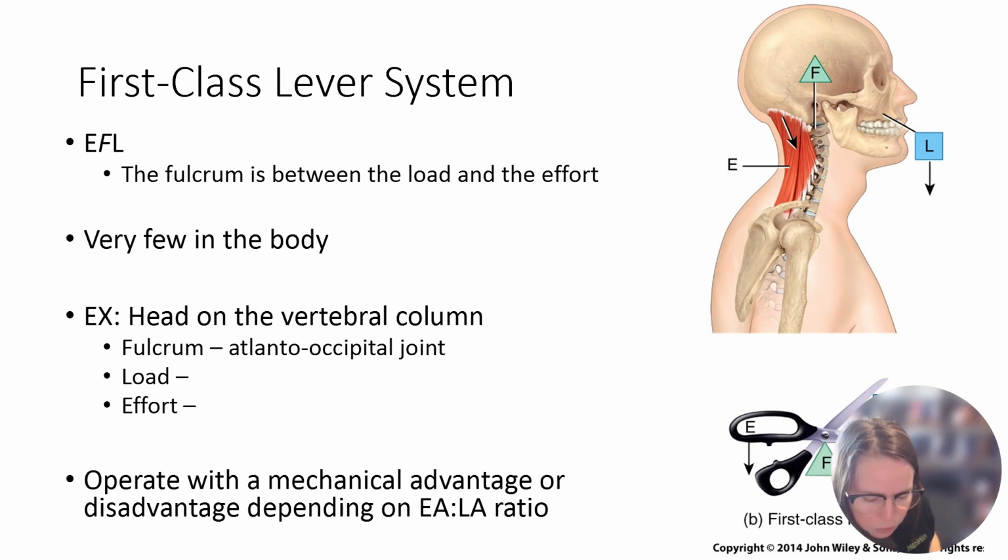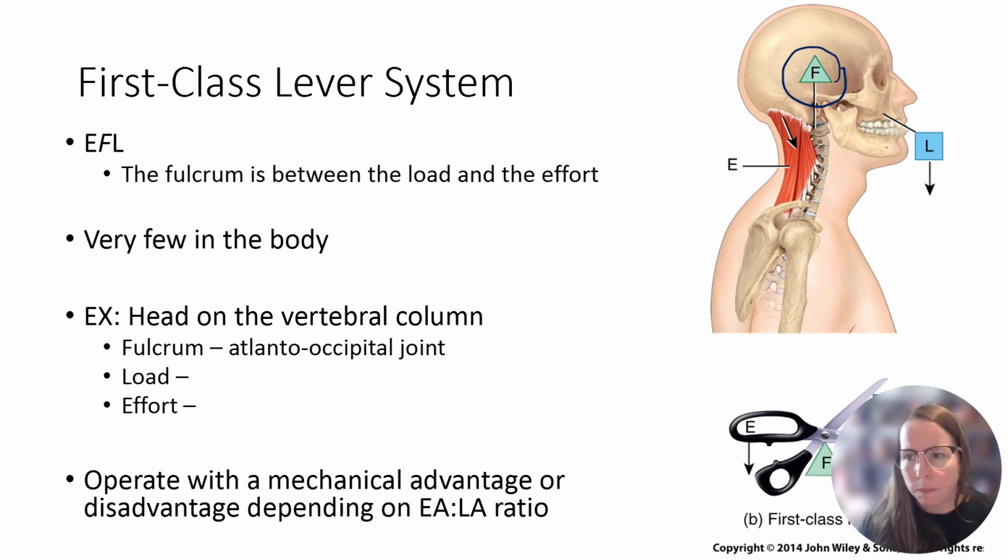Now again, 1, 2, 3, FLE. In this case, the fulcrum in a first class lever system is in the middle. This is our atlanto-occipital joint, okay? The effort for the example that we're looking at is our posterior neck muscles, and the load is just like your face, your skull, okay?